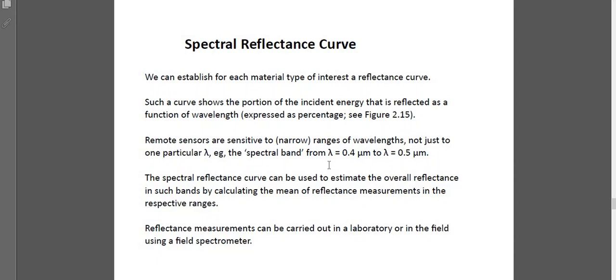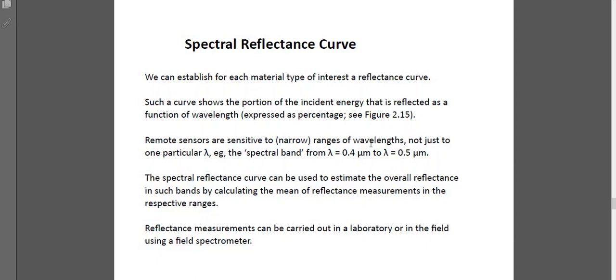The response of water in each electromagnetic band will be specific to water. Similarly, the response of vegetation cannot be offered by all the other earth features like water, like sand. Similarly, the response of snow will not be similar to vegetation, will not be similar to water, but there will be a little bit in common in water and snow and clouds. We can differentiate using multiple equations, and we will do that in different practicals.